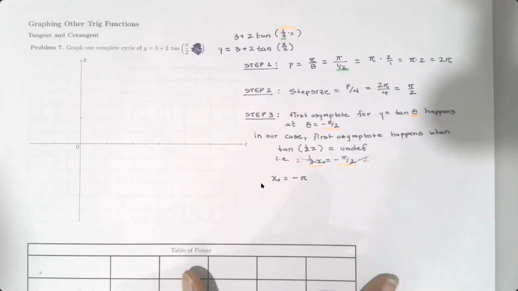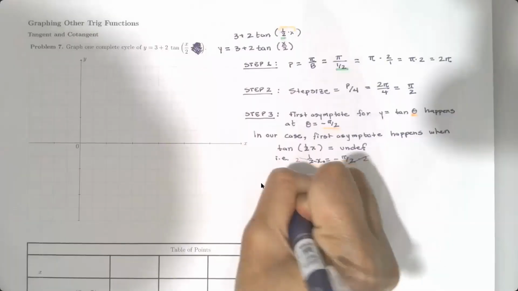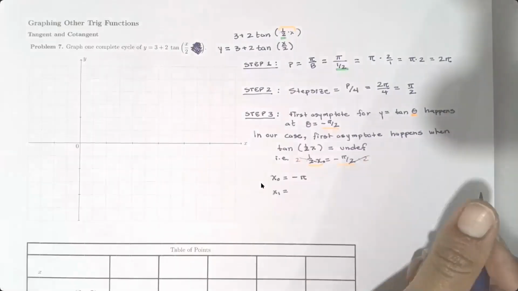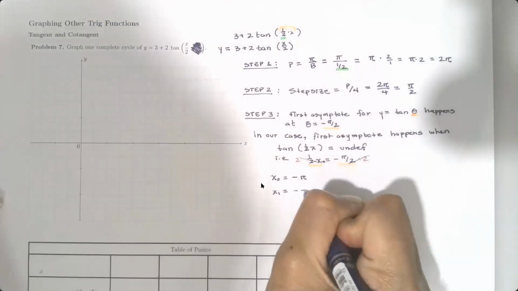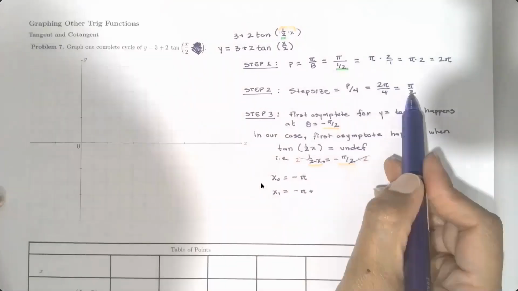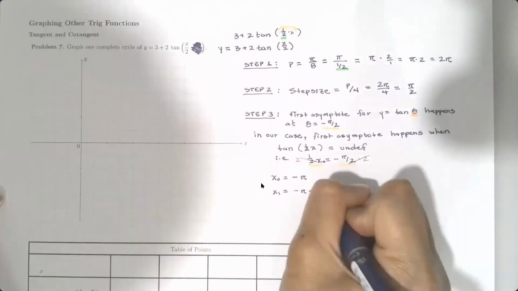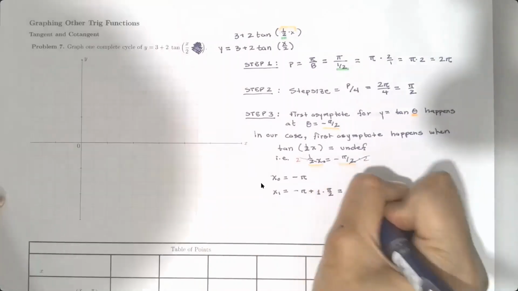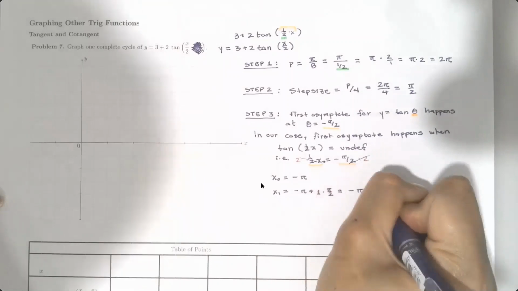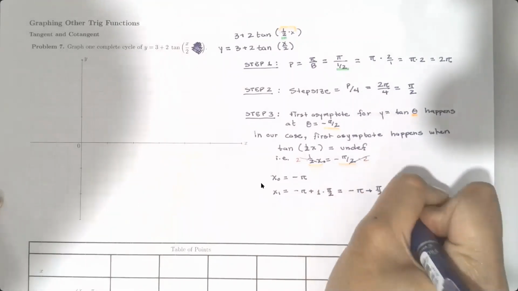Then the next point, x1, we can find by taking the first asymptote, negative pi, and adding 1 times the step size, so 1 times pi over 2. That's negative pi plus pi over 2, which is negative pi over 2.